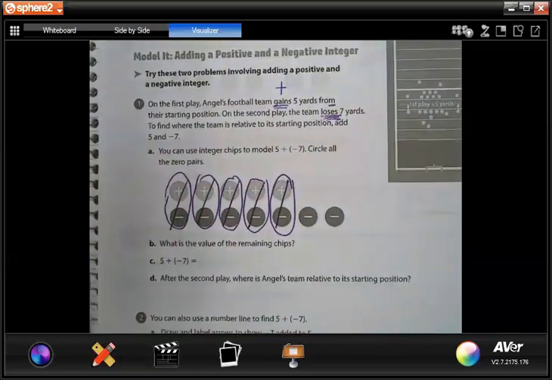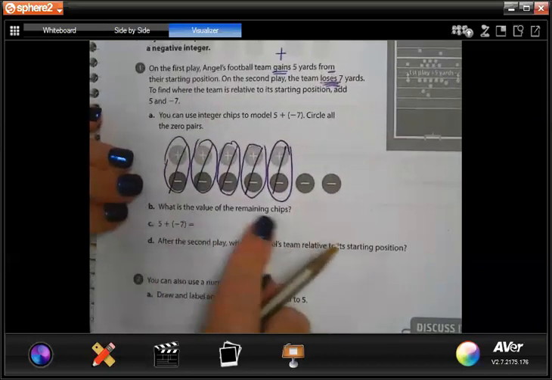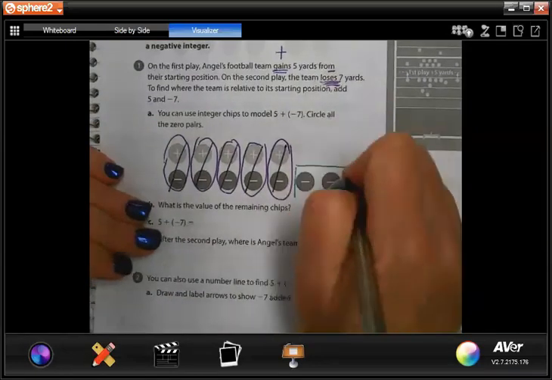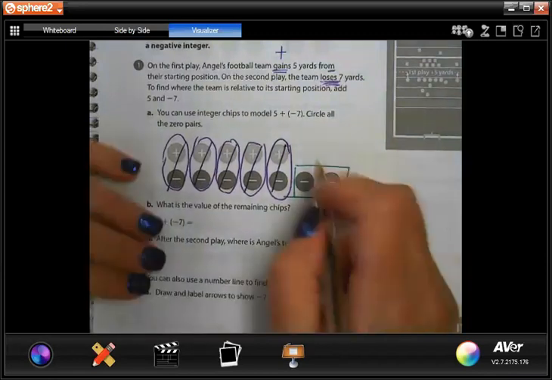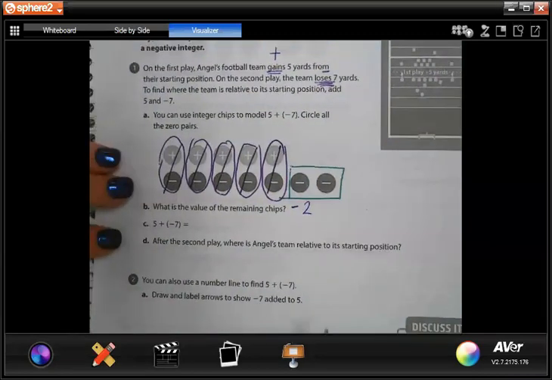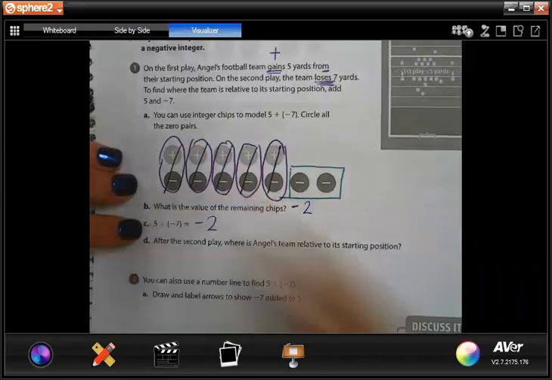Now if you look at B, what is the value of the remaining chips? Well, we have 2 of these left, and they're both negative. So we have -2 chips left over. So that must mean that 5 plus -7 is -2.